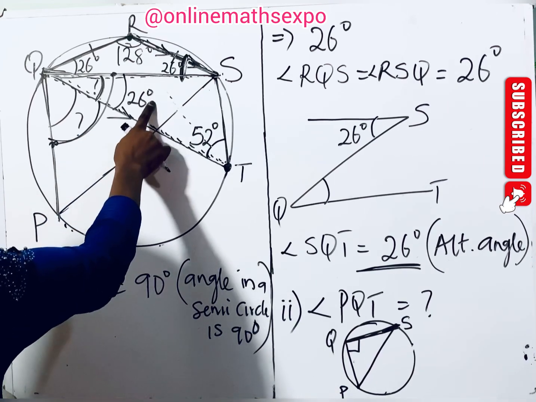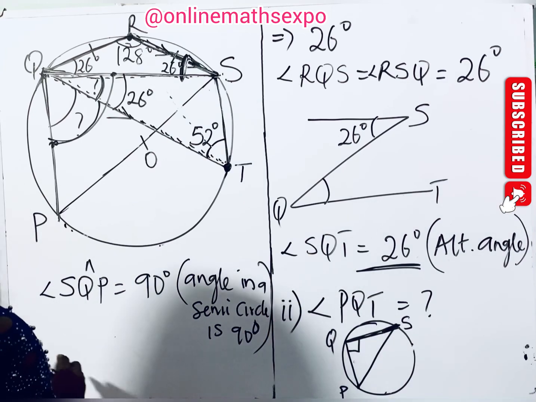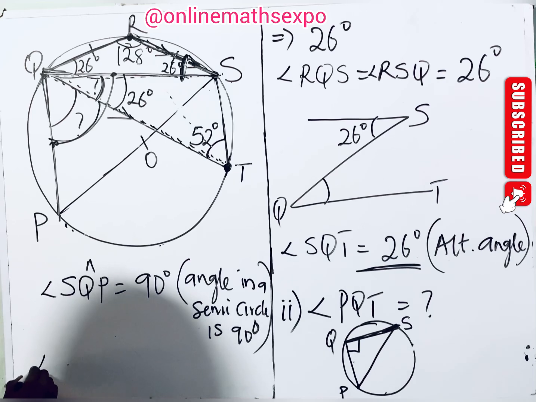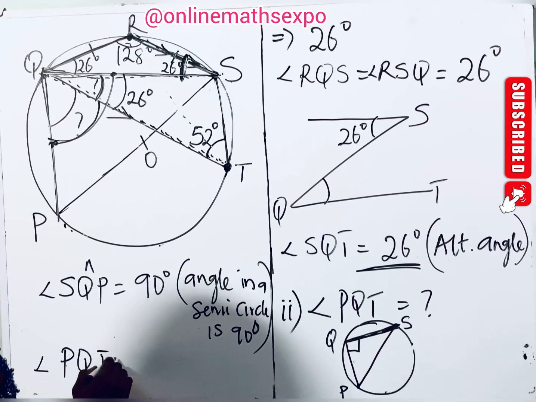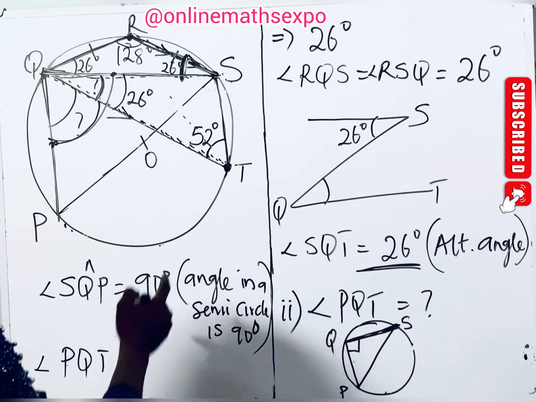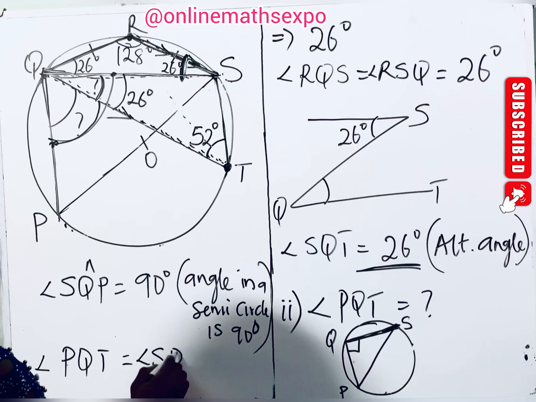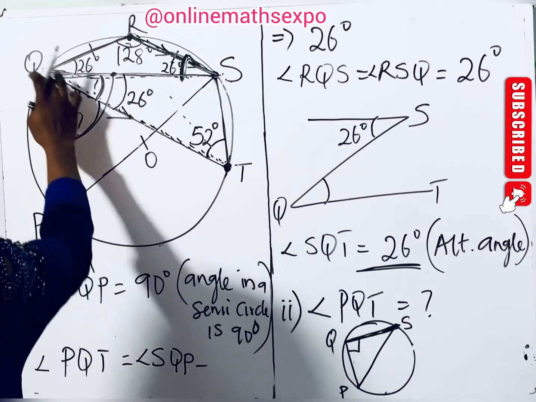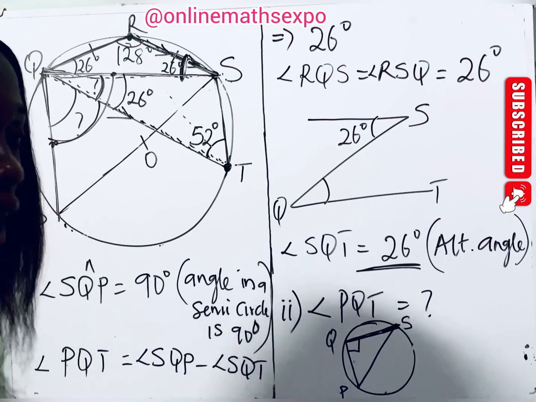Just simply take this away from 90. It gives you what we are looking for. So in that case, we are going to have it that the angle we are looking for, which is angle PQT, is equal to angle SQP minus angle SQT. You see how we are labeling it?